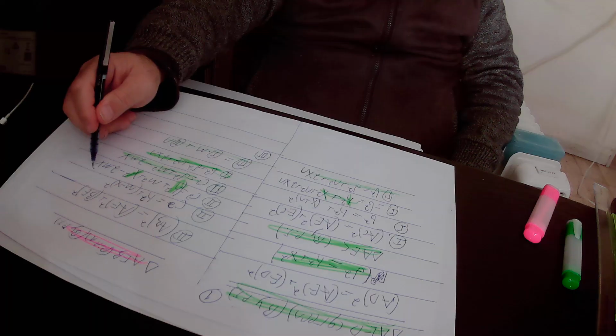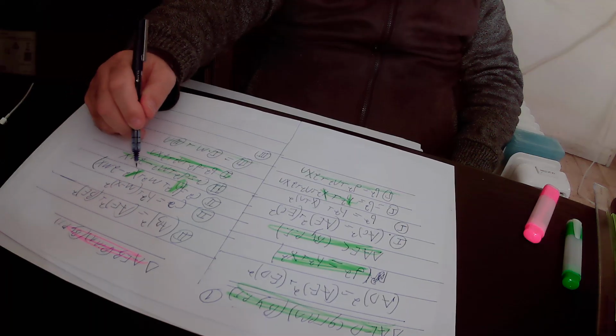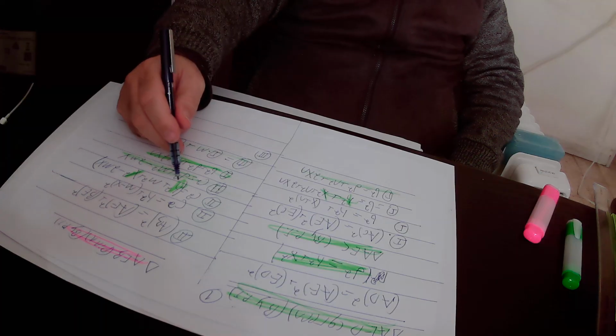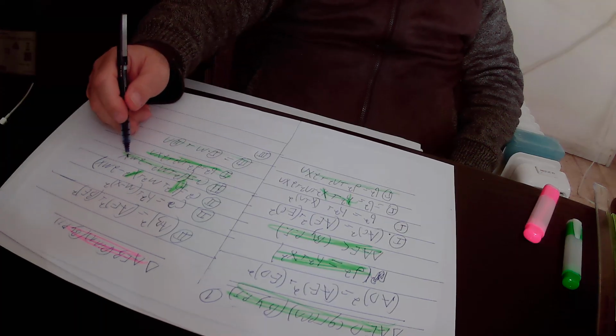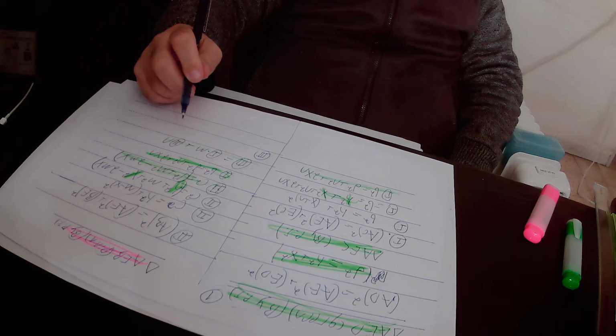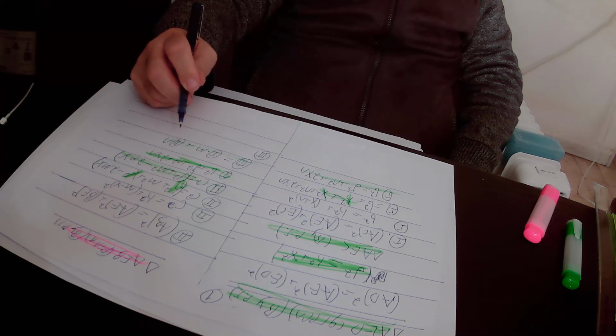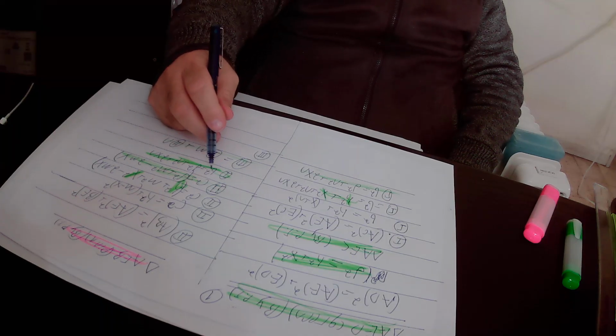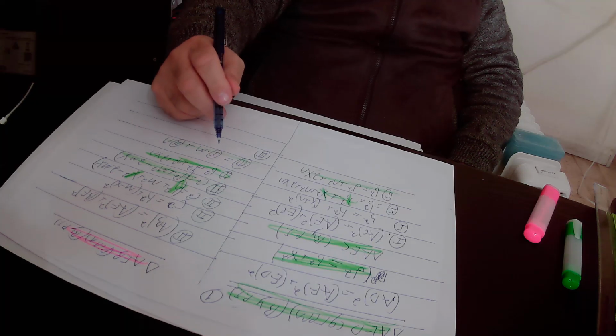Then we will multiply the right side of equation number 2 by n, and then we will add the two equations together. And this must be equal to the multiplication of the left side of equation number 1 by m plus the multiplication of the left side of equation number 2 by n.